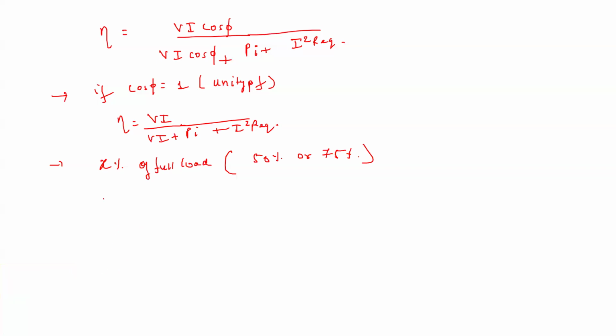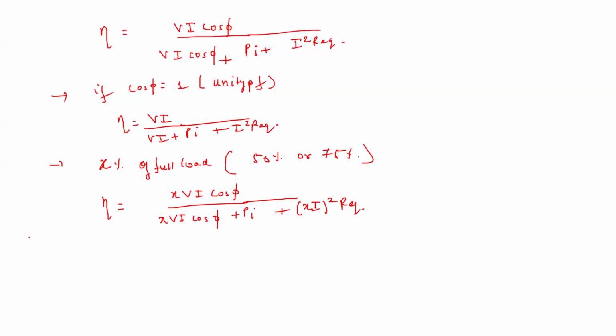If it is given like this, the efficiency will become X VI cos phi by X VI cos phi plus Pi plus (XI) whole square R equivalent.